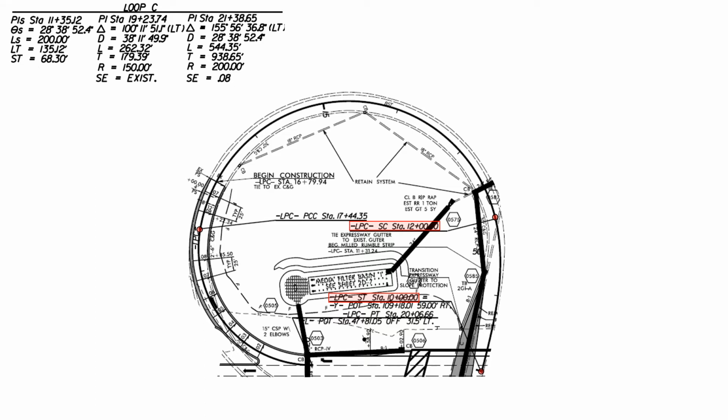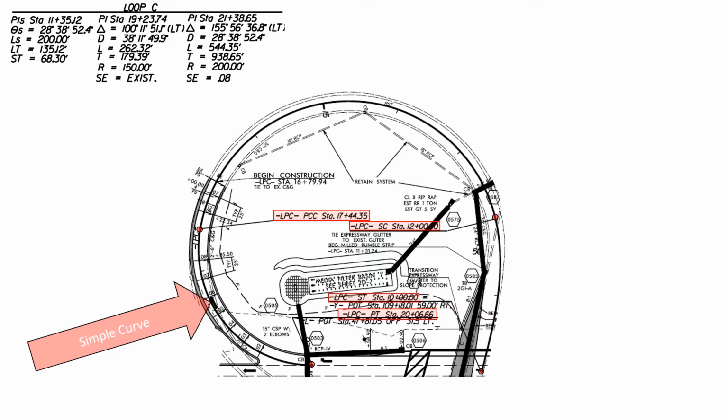Then most of the way around the loop now we get to the PCC, the point of compound curvature, which is station 17 plus 44.35. And our last station for the loop is station 20 plus 6.66. So those are the important stations on this loop.